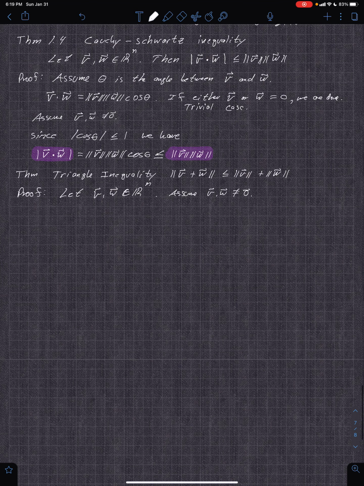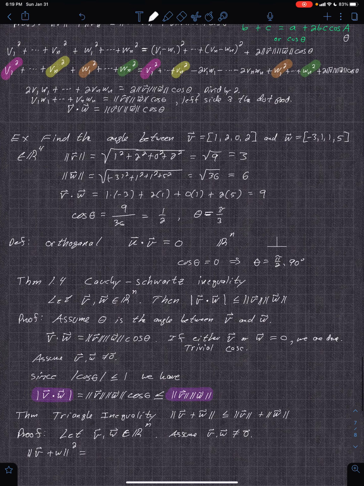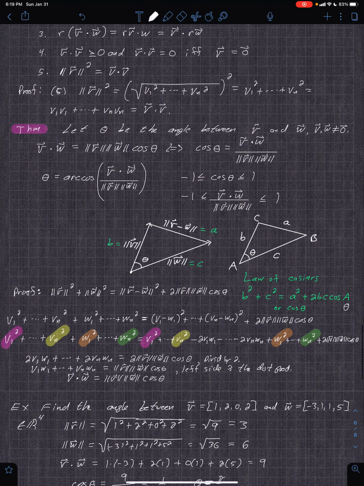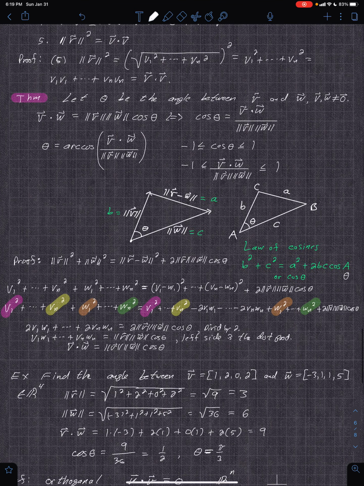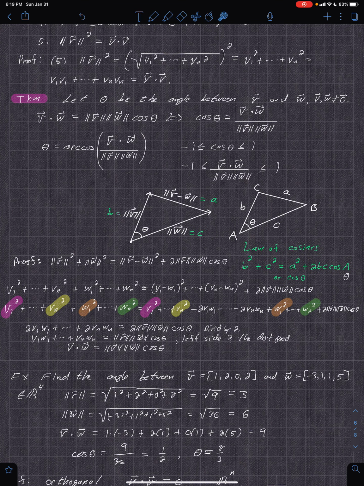So what you do is you look at the square of the left-hand side and then simplify it. So you look at V plus W squared. And when you square something, it's its own dot product. So now we're using this property.